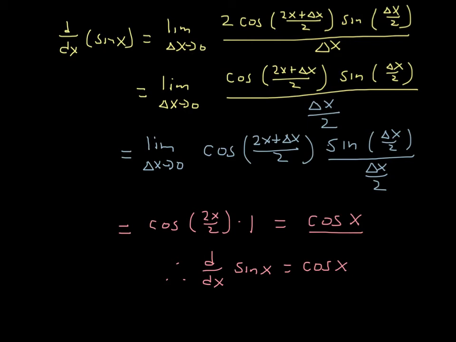In this case, the multiplication by 2 here is the same as multiplying the denominator by 1/2. And so by changing that up, what we have here will become the limit as delta x approaches 0 of the cosine of 2x plus delta x over 2 sine of delta x over 2 over the delta x over 2.